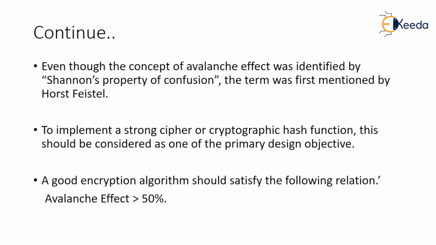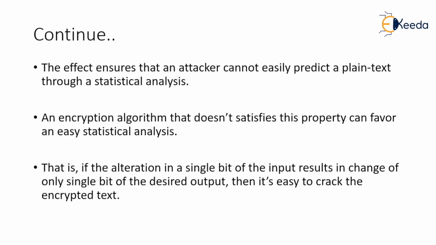That means an encryption algorithm should satisfy the relation that the avalanche effect should be greater than 50%. This effect ensures that an attacker cannot easily predict the plain text through statistical analysis.